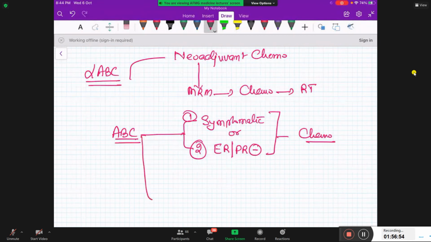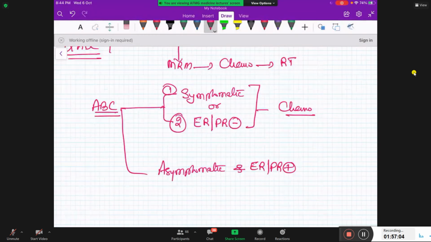If the patient is asymptomatic and ER, PR positive, as provided to you in the question, you will offer only hormone therapy.